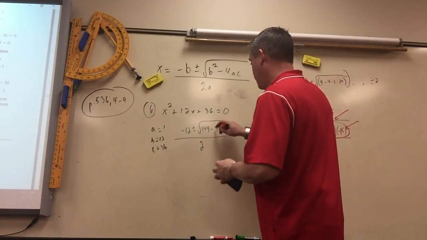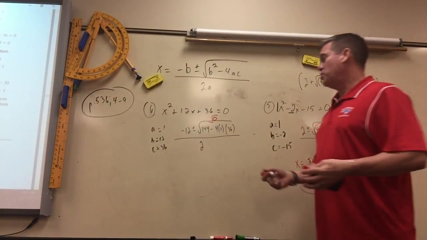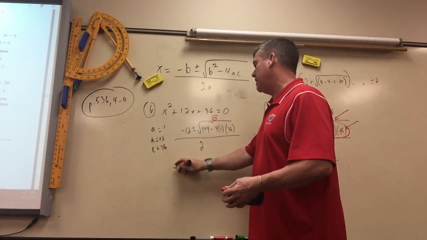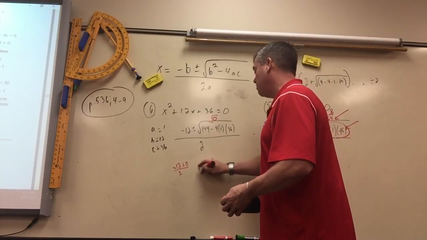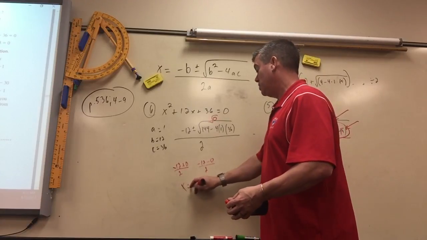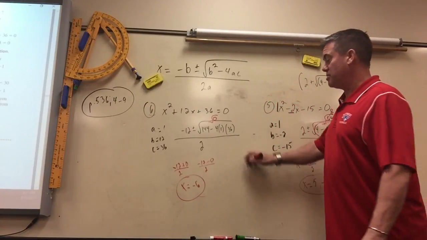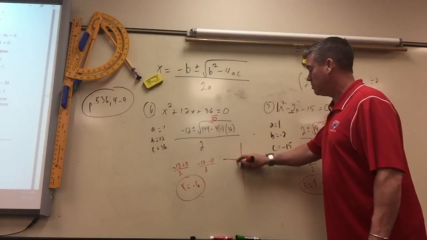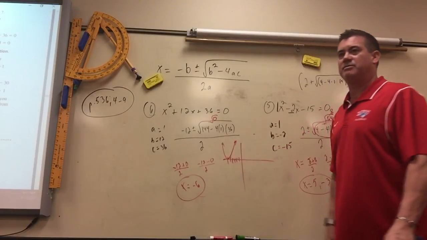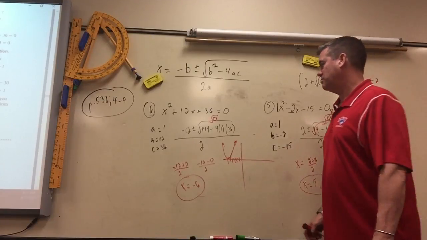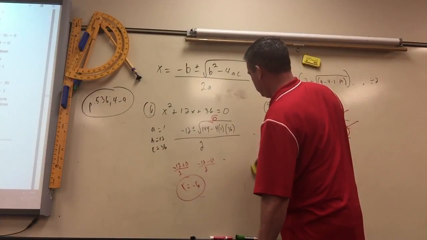So this ends up being 0. So what that means is the two answers are negative 12 plus 0 divided by 2 and negative 12 minus 0 divided by 2, which you get negative 6 for both of them. All that means is if this were a graph, it would just touch at one spot at negative 6, if we were to graph it. That's why if it's 0, you're only going to get one answer.